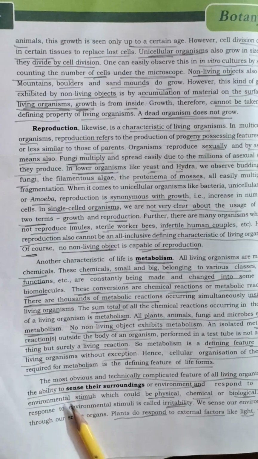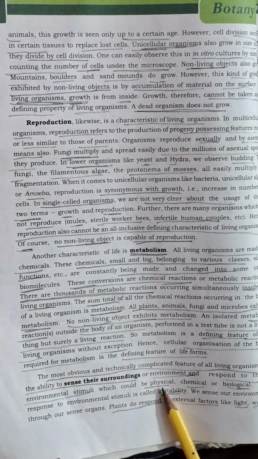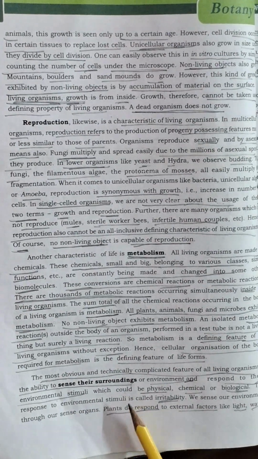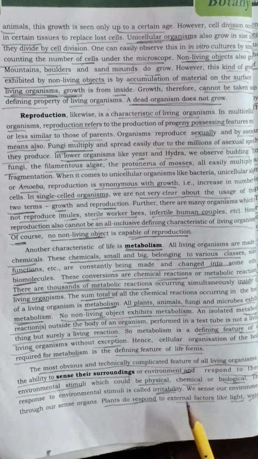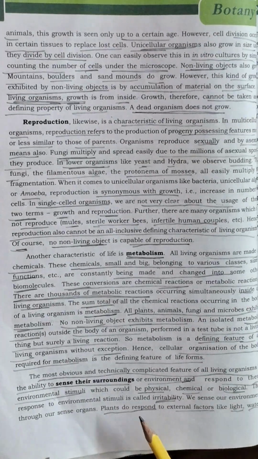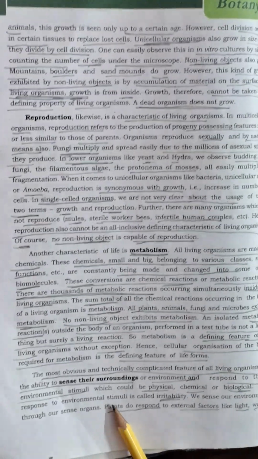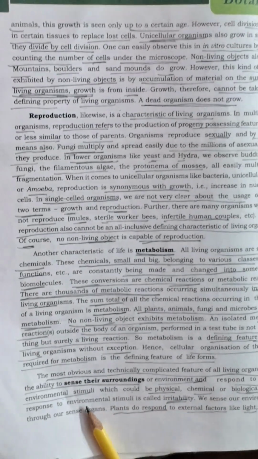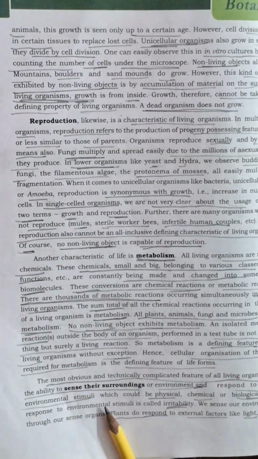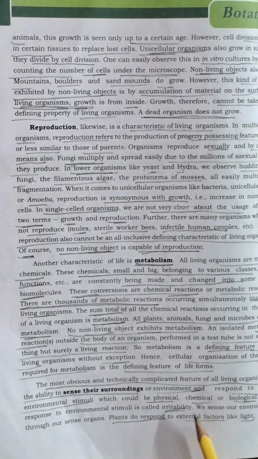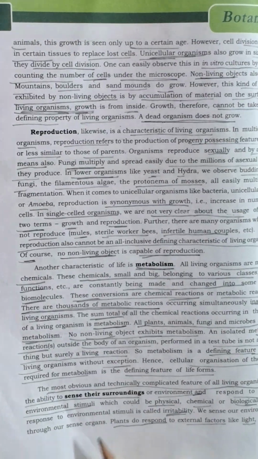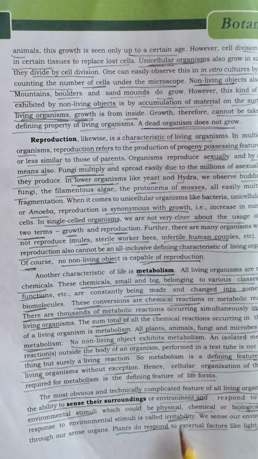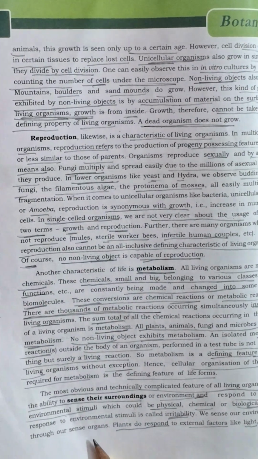Okay, another living thing characteristic is the ability to sense their surroundings or the environment. We studied last year that there is an environmental stimulus, and a response also happens in living things, whether a plant or an animal, in a physical, chemical or biological way. This we call irritability.